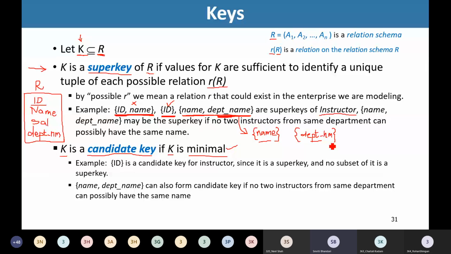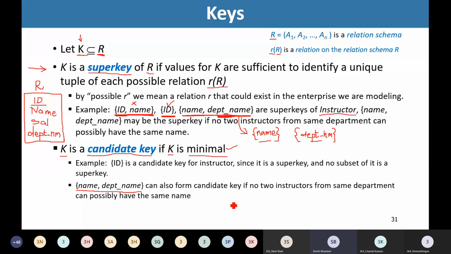And that is why I need this combination name, department name to uniquely identify the tuple in my instructor relation. And that is why I may say that name, department name can also form my candidate key, provided no two instructors belonging to the same department are having the same names.